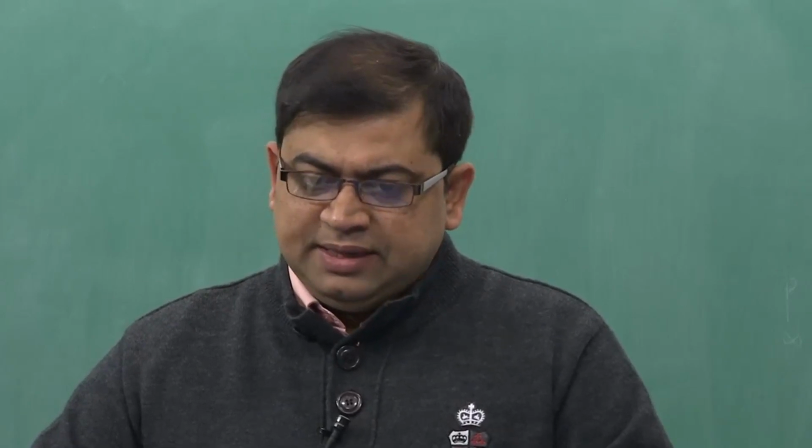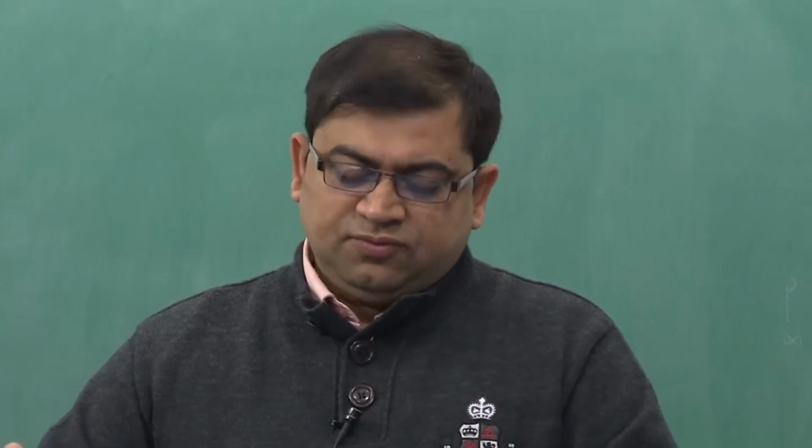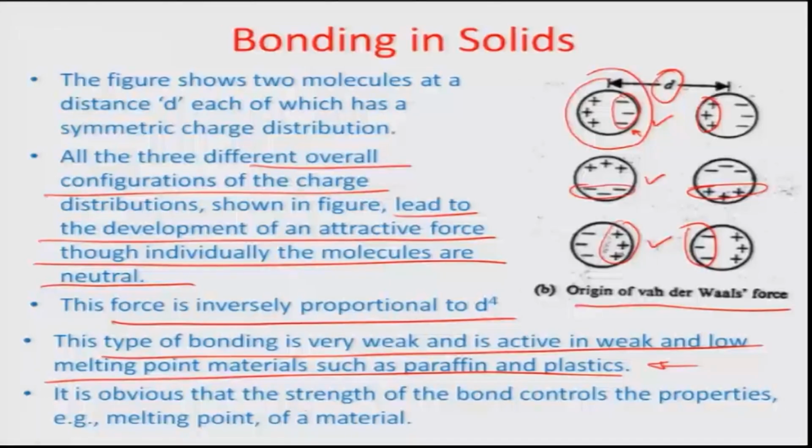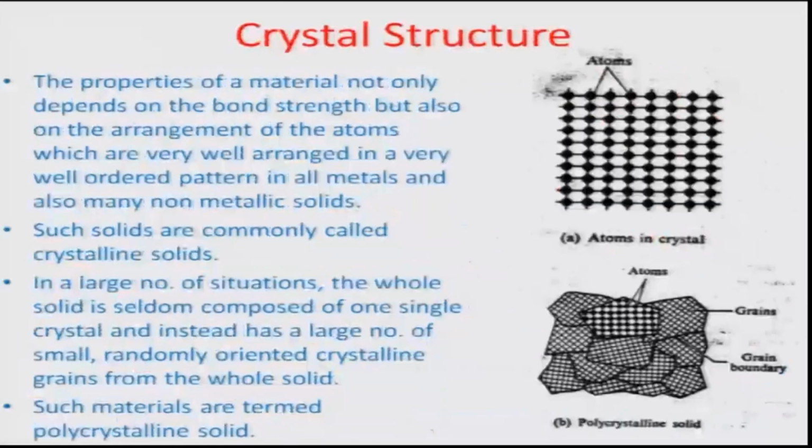So, a little bit of atomic vibration, which is actually proportional to the amount of thermal energy that you are delivering to the system, will lead to the separation between the atoms, or enable the atoms to come into a fluidic or flow state, which is the cause of a lower melting point in such materials. So, it is obvious that the strength of the bond controls the properties, for example, melting point of a material. So, that is how the van der Waals system of bonding would work.